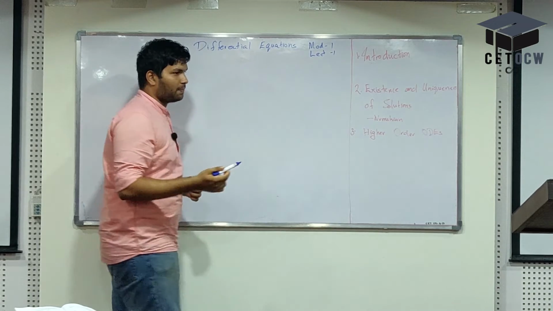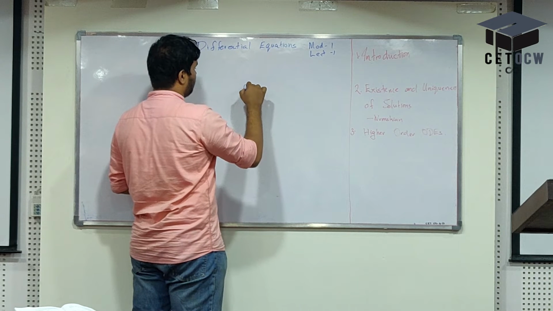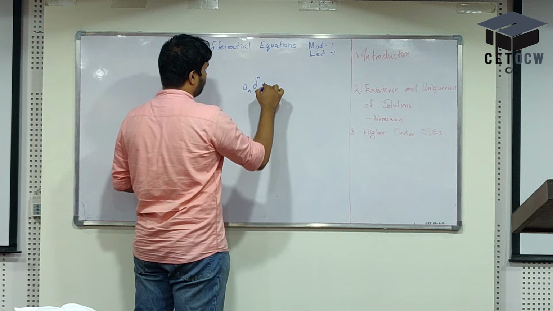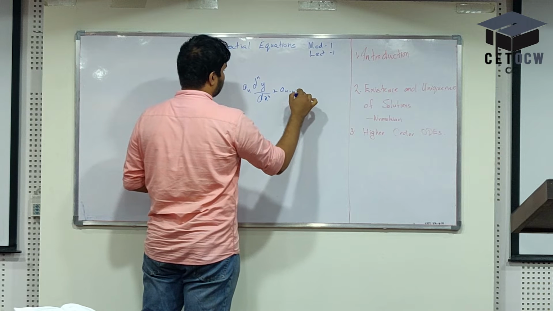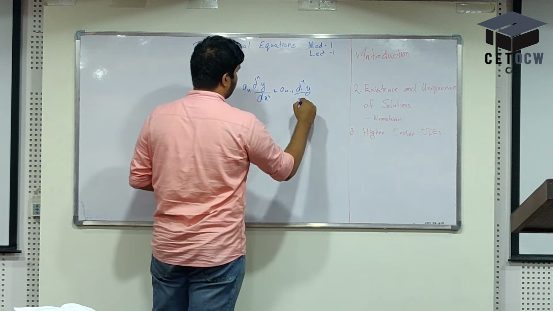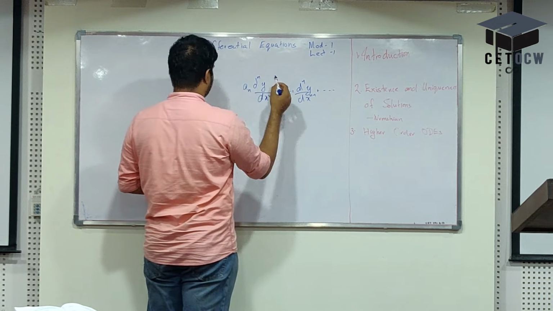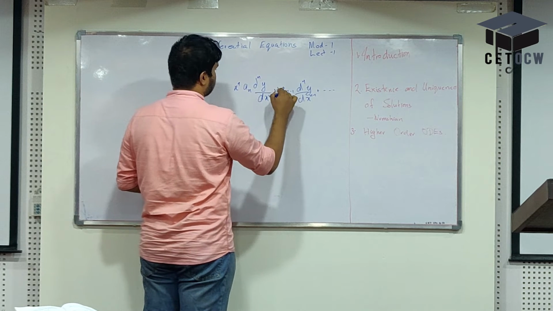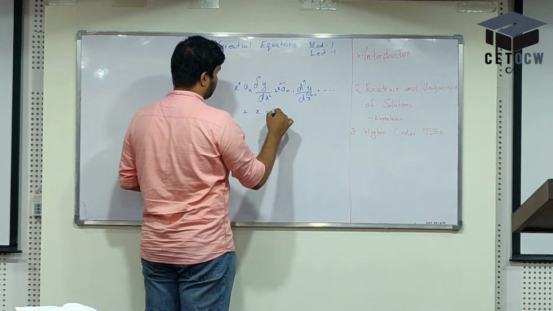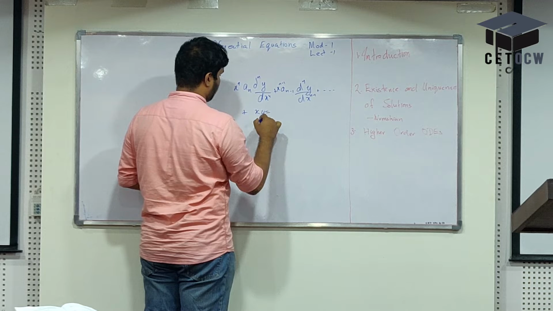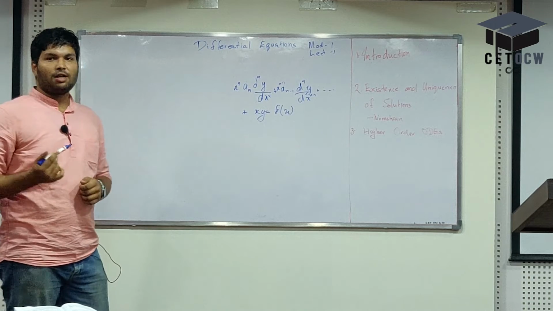A differential equation is an equation of the form a_n d^n y/dx^n + a_(n-1) d^(n-1) y/dx^(n-1) + etc., where y is equal to f of x. This is the general form of a differential equation.